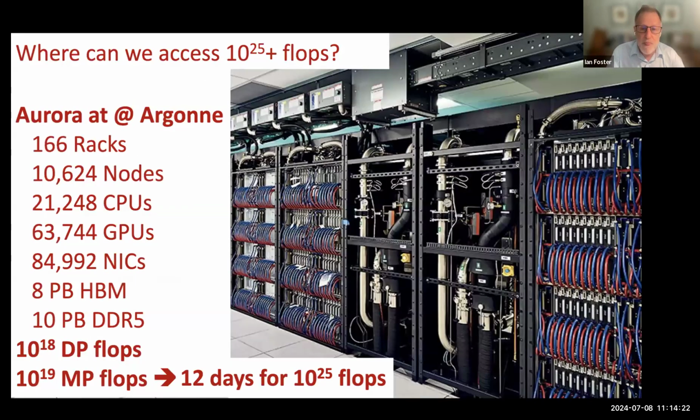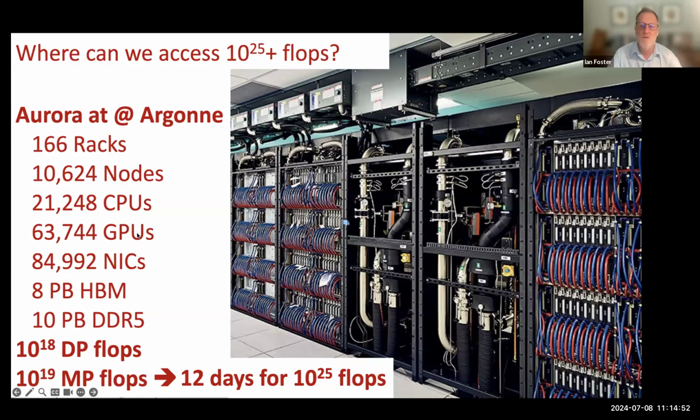Okay. One of the reasons why Argonne is involved in this particular training process is that we have a very large computer, so we can get access to 10 to the 25th or more floating point operations, thanks to the Aurora supercomputer, which is just being unveiled at the moment. So I'll just say a few words about it. Primarily 64,000 GPUs manufactured by Intel.